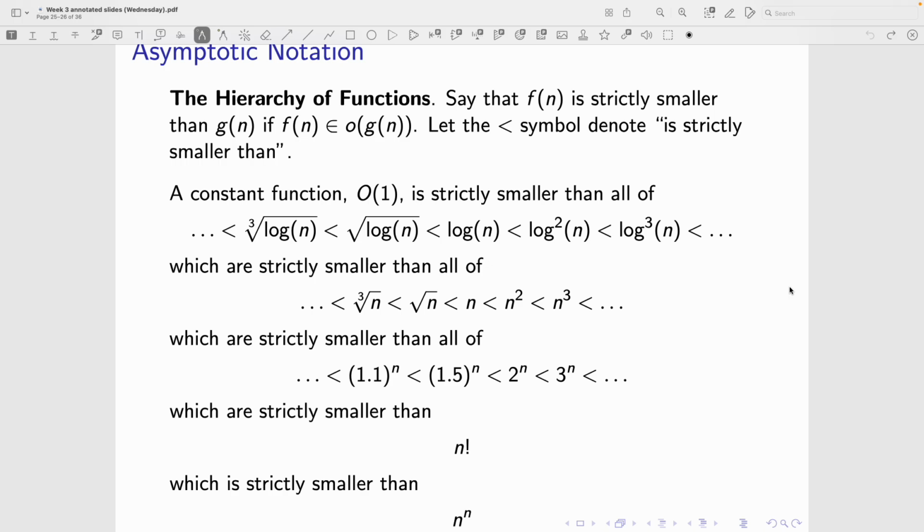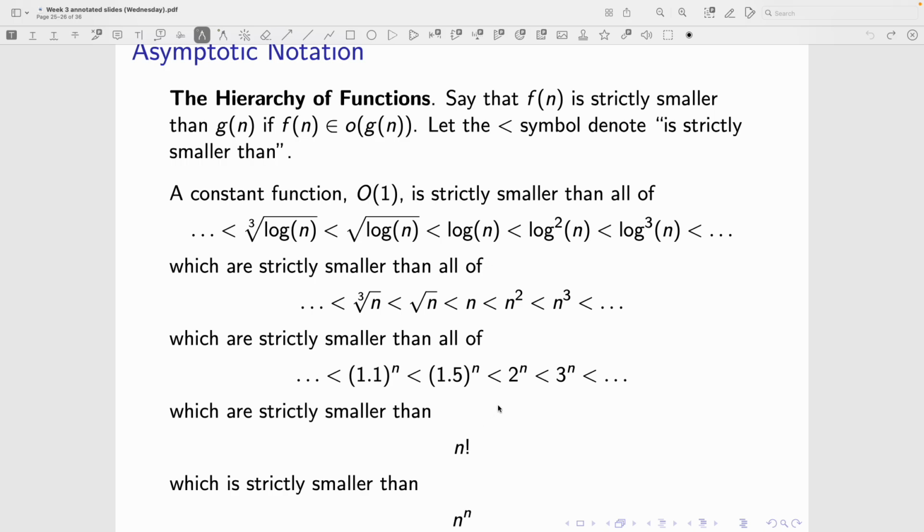And then going one step higher up the hierarchy, one tier up the tier list, all those functions with a constant exponent are eventually all overtaken by exponential functions, functions where the main expression is still an exponential one, but the base is a constant, and then the exponent is variable.